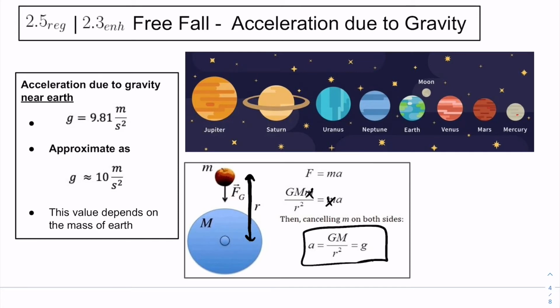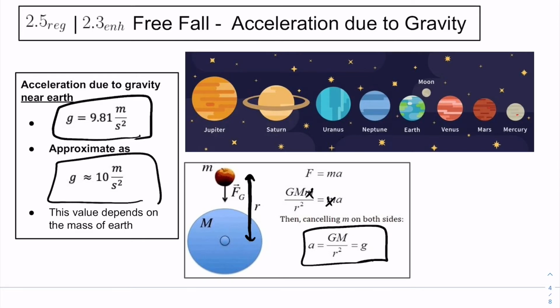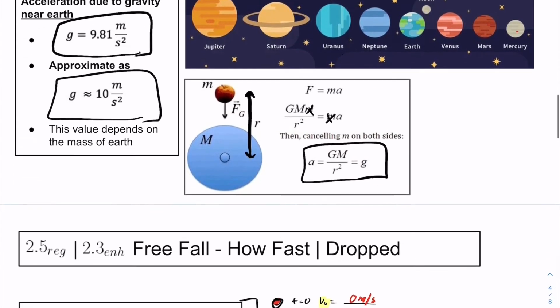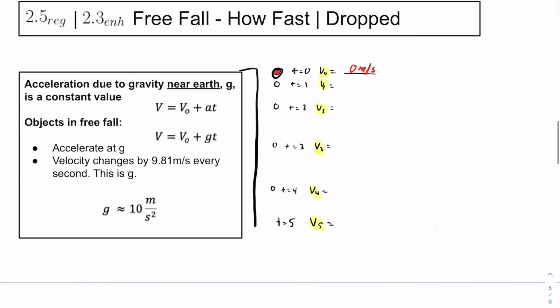Okay, so the acceleration due to gravity near Earth is 9.81. We're going to approximate it as 10 meters per second squared. So if you're falling near Earth in free fall, no air resistance, you're going to change your speed by approximately 10 meters per second every second. Okay, so let's see what that looks like in action.